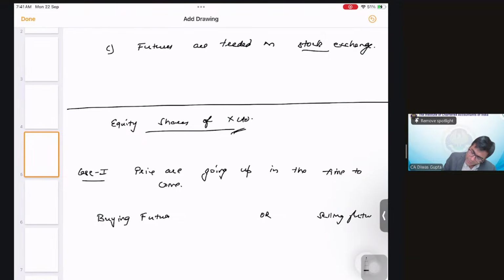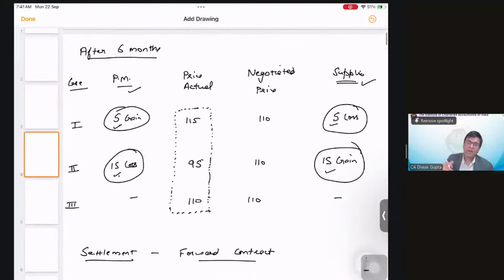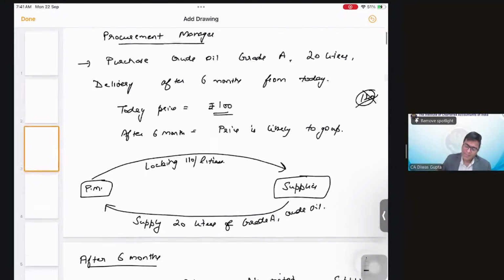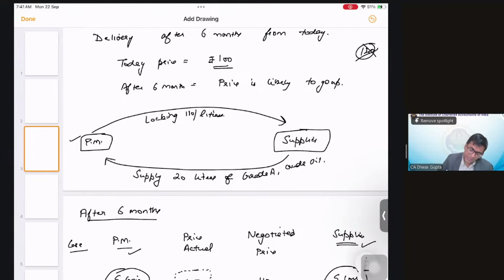Let me also clarify what we mean by buying and selling. In this case, the procurement manager was in the buying position and the supplier was in the selling position, right?